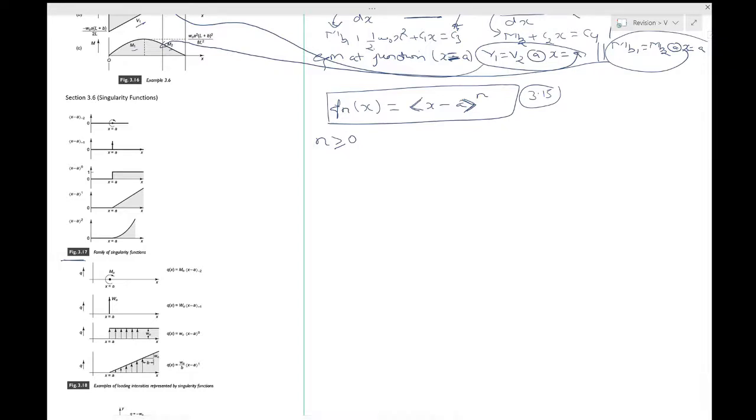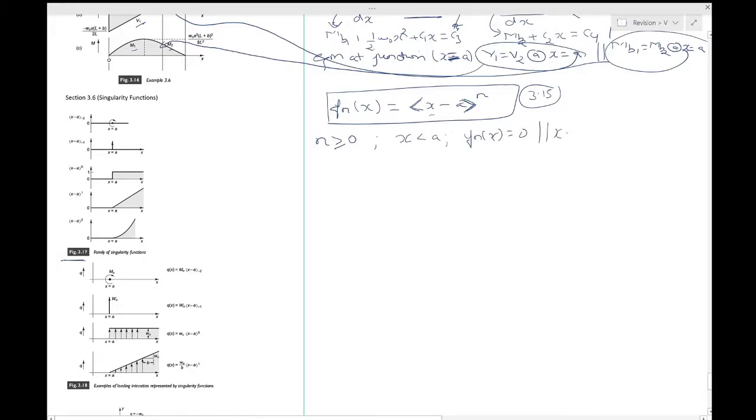If the expression in the pointed brackets is negative, meaning x is smaller than a, the value of this function is 0. If the expression in the pointed brackets is positive, meaning x is greater than a, then the value is f_n. So if x is smaller than a, then f_n of x is equal to 0.